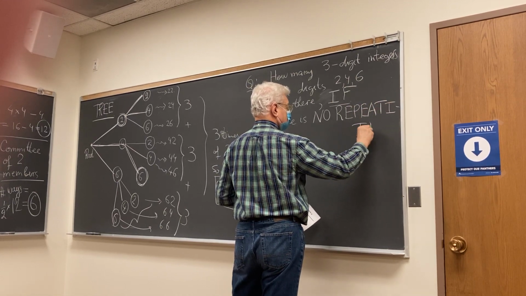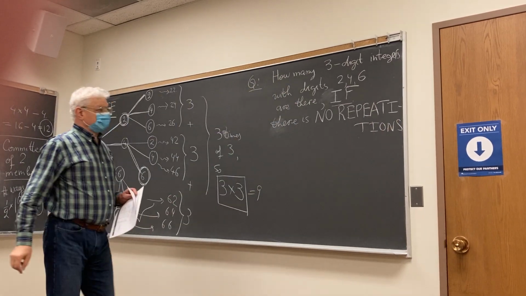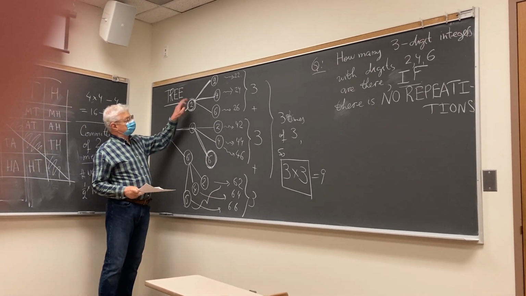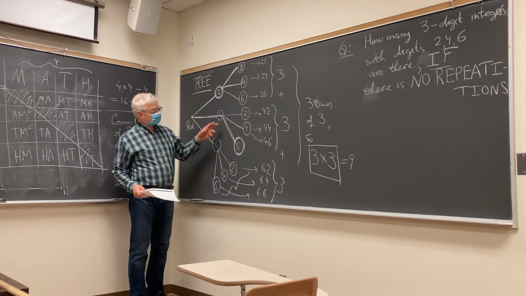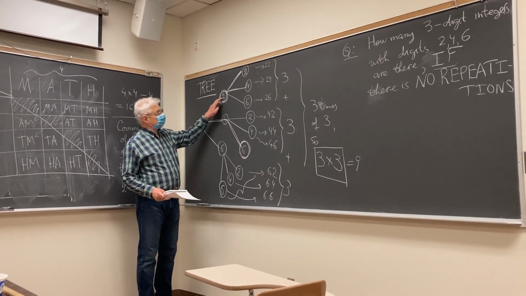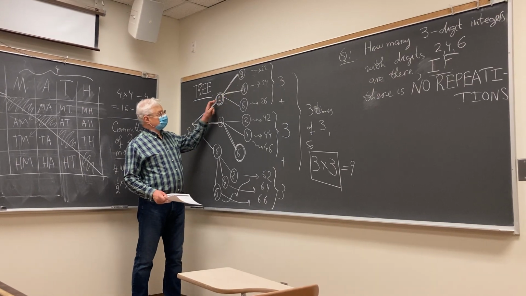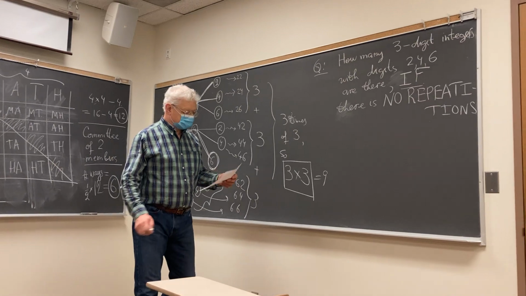No repetitions. It's a little bit different problem. So see, for example, you can write 222 or 66 or 44. But now if you take 2, you cannot extend with 2. You can extend with 4 and 6. Okay, let's solve this problem independently.